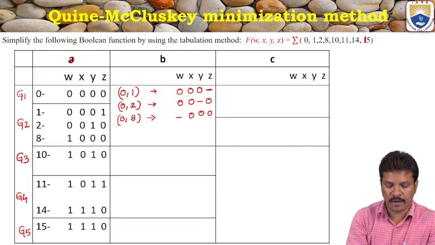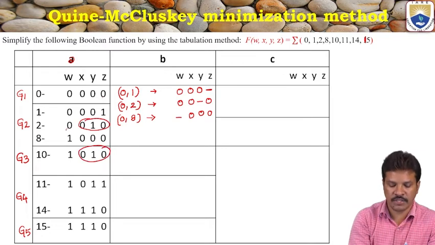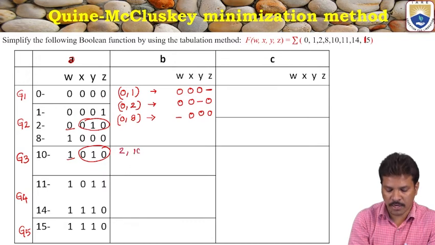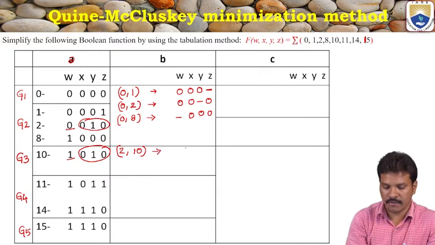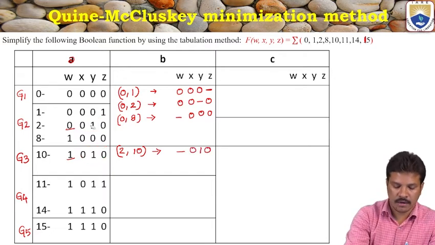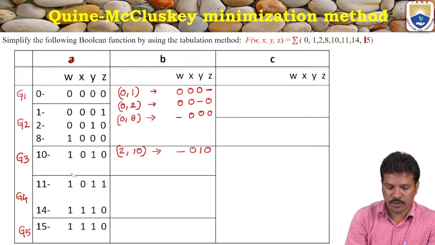And 2 and 10: if you see 2, 10, 0 1 0 is common, only 1 bit change. This 1 bit change, we can take 2 comma 10 as one group. We can take the variables as hyphen 0 1 0. Then 2, 10 is over. 8, 10.